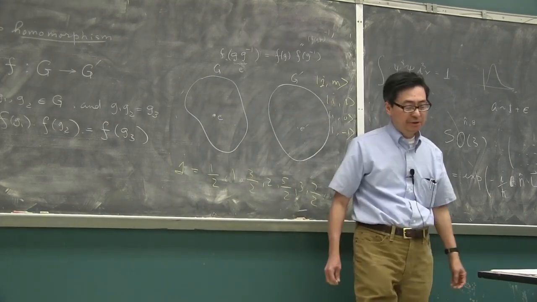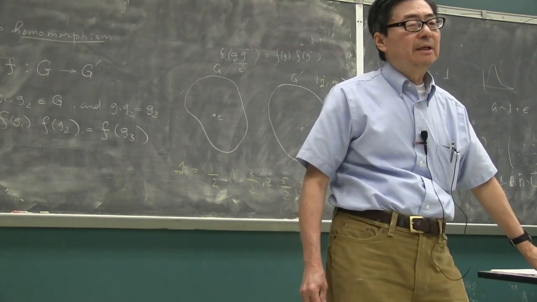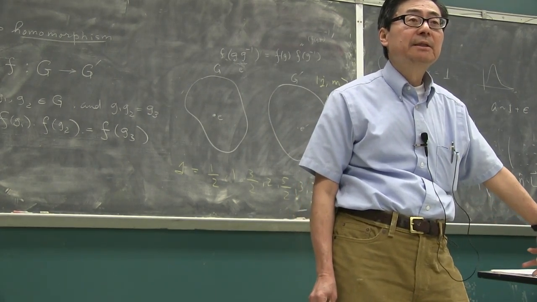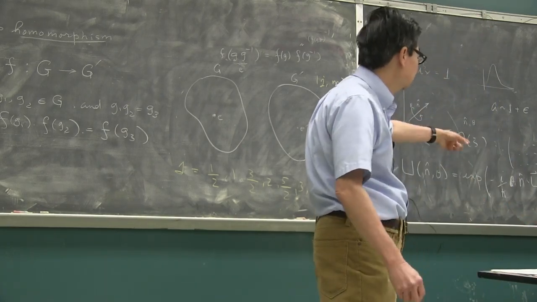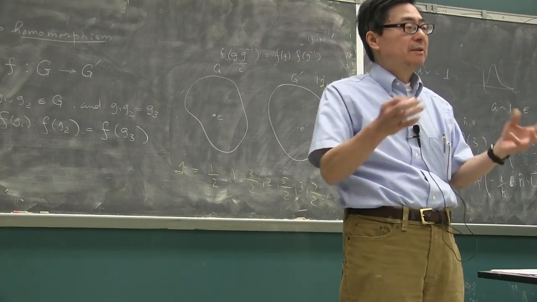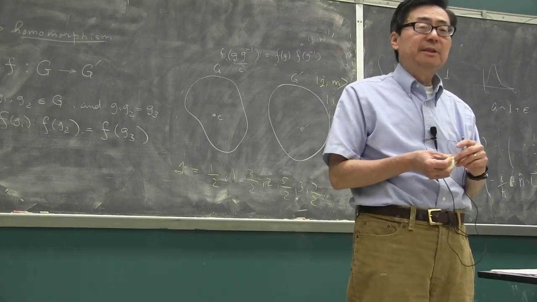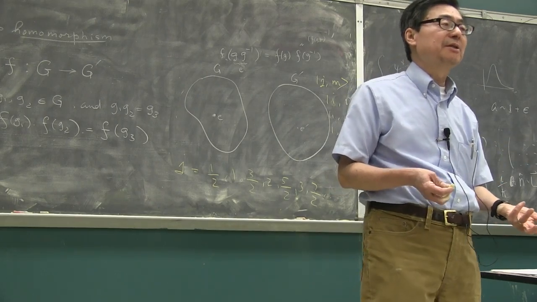And as I mentioned already, the elements in L are the basis of a certain vector space. That vector space is called the Lie algebra corresponding to the particular Lie group that we are studying.